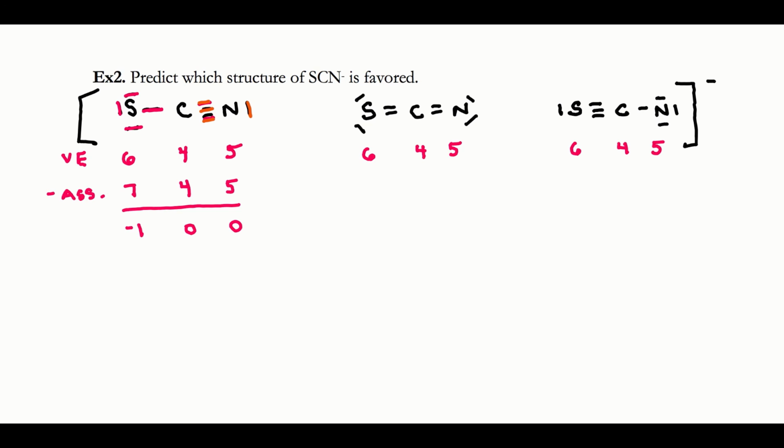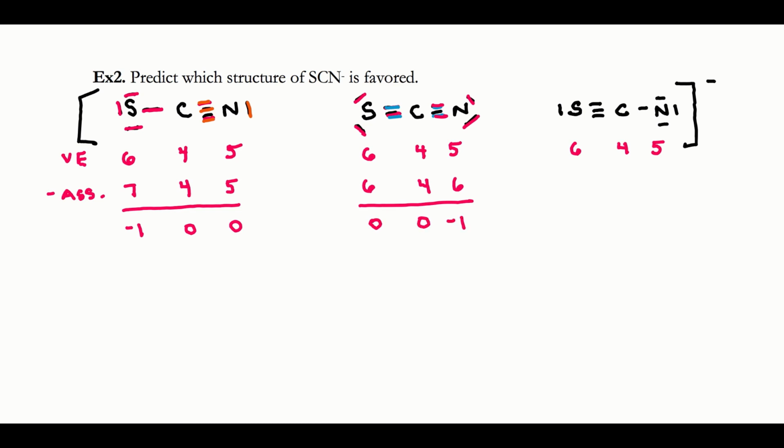Okay, let's look at the next one. For sulfur here, I've got 1, 2, 3, 4, 5, 6 assigned electrons. For carbon, I've got 1, 2, 3, 4 assigned electrons. And then for nitrogen, I've got 1, 2, 3, 4, 5, 6. So when I subtract, I get 0, 0, and -1.